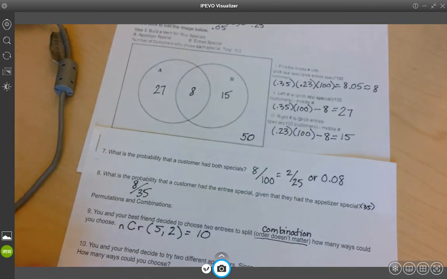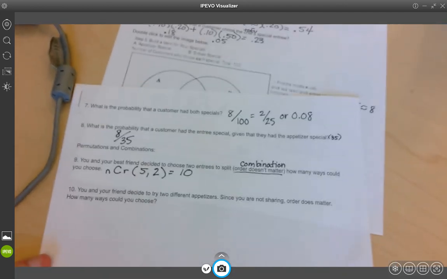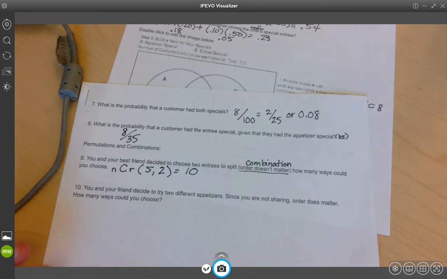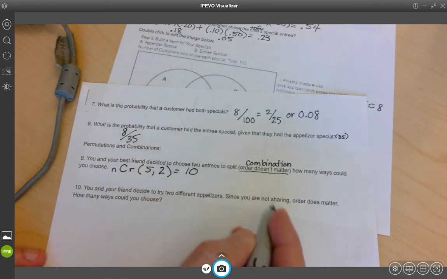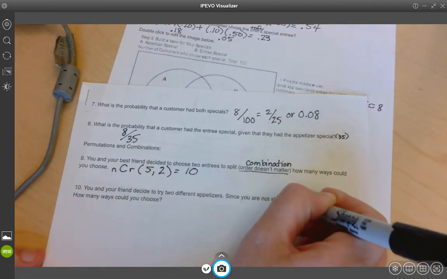All right, you and your friend decide to try 2 different appetizers. Since you are not sharing, order does matter because, for example, if I ordered the salad and my friend ordered the figs, that's different from my friend ordering the salad and me ordering the figs, okay? So the order matters this time, and if the order matters, what is that called? Permutation, good.